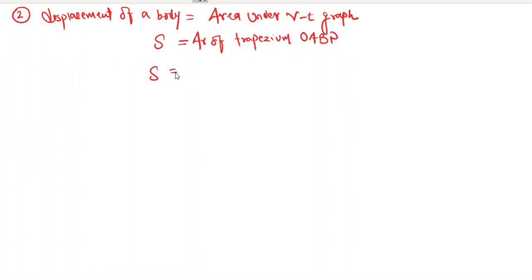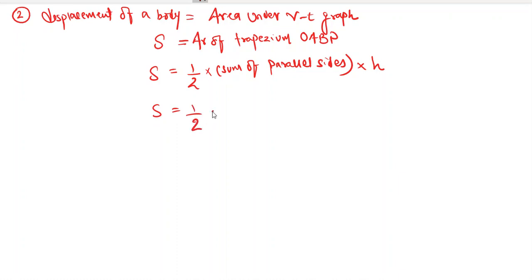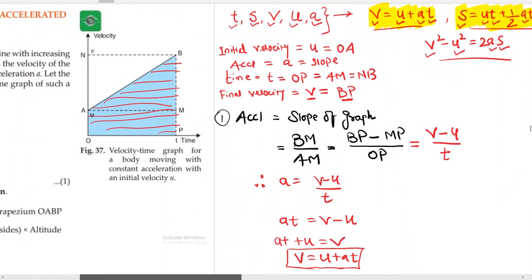Right? So what is the area of a trapezium? Area of a trapezium is half into the sum of parallel sides multiplied by the distance between them, or height. So half multiplied by the sum of the parallel sides. The parallel sides which you see here are AO and BP.